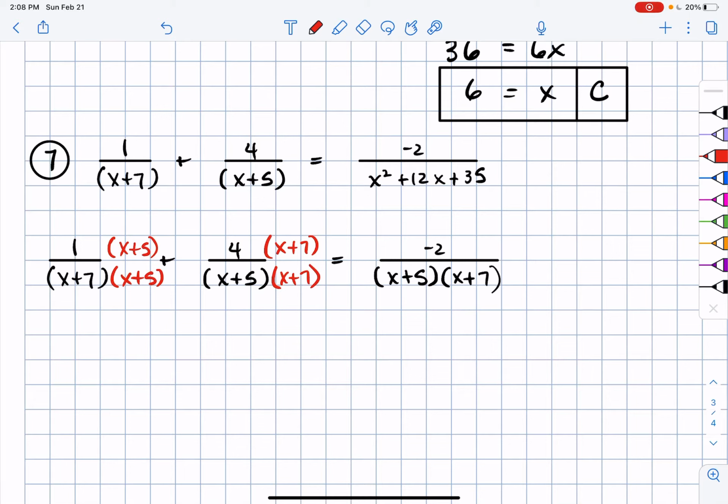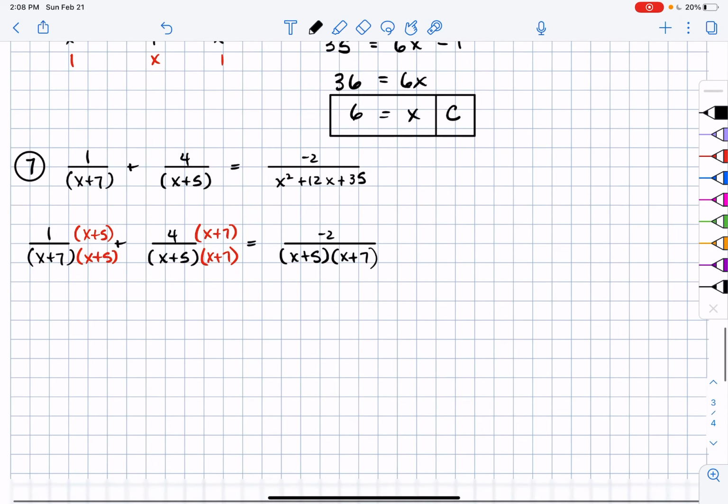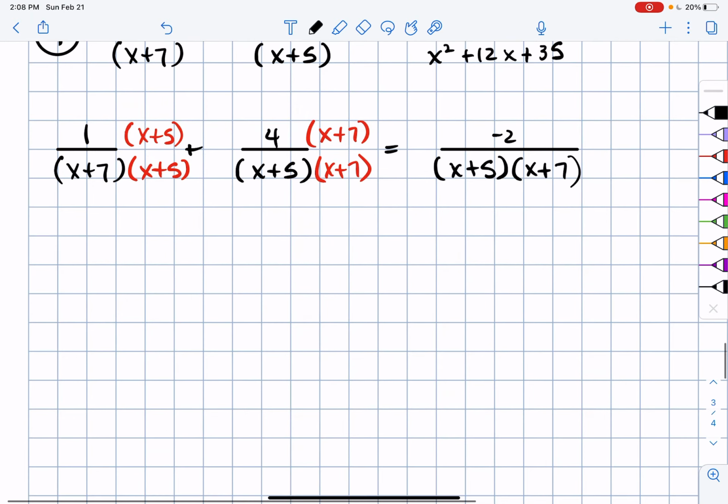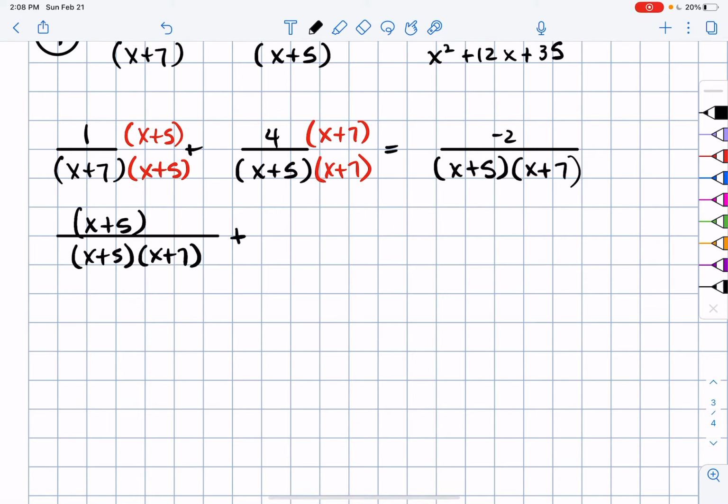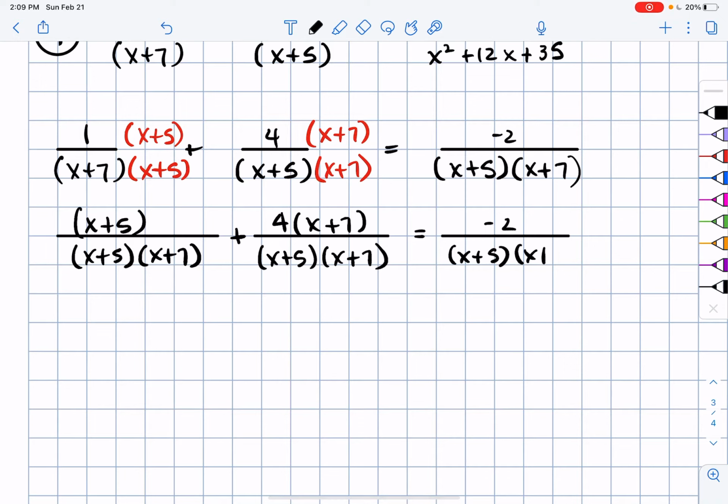Okay? So what do I have now? I just keep on going vertical. So now I have x plus 5 over (x plus 5)(x plus 7), plus 4 times (x plus 7) over (x plus 5)(x plus 7), is equal to negative 2 over (x plus 5)(x plus 7).